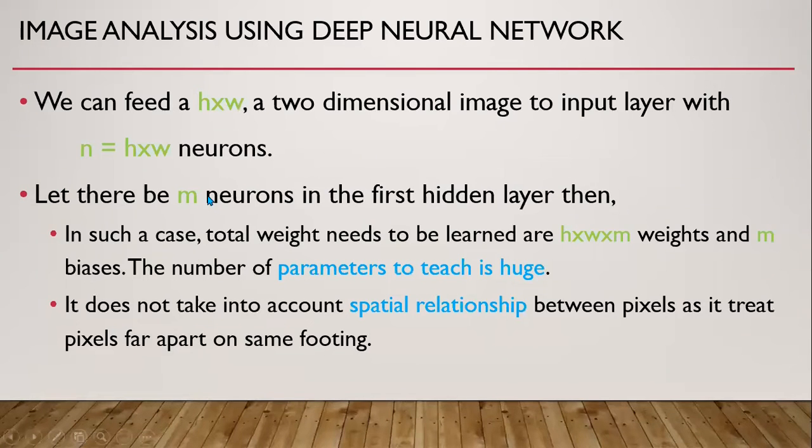If there are m neurons in the first hidden layer after the input layer, then the total weights that need to be learned are h multiplied by w multiplied by m. These are the number of weights, and the biases would be m, that is the number of neurons in the first hidden layer. So the number of parameters to train is huge.